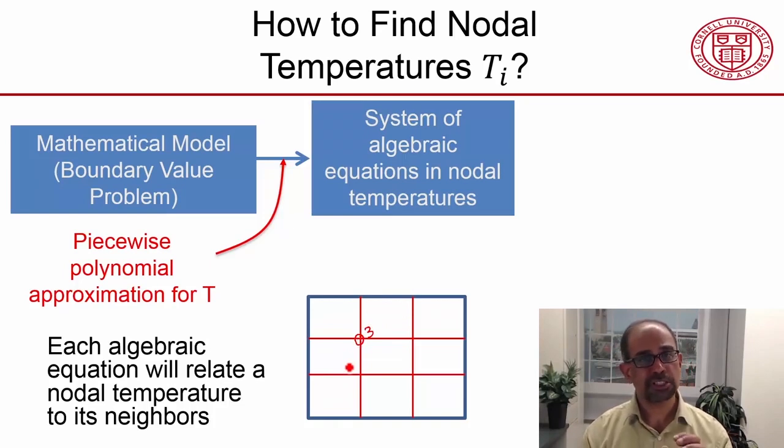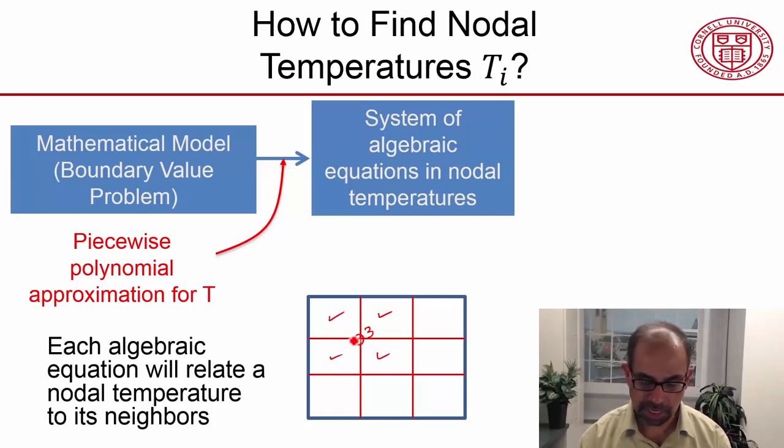And to see which temperatures will be related, we can use a principle that I discussed in the big ideas. So you look at all the elements that are attached to that particular node. So we have 4 elements attached to that node. And then you pick out all the nodes that are attached to each of those elements. So this element is attached to these 4 nodes. This element is attached to these 4 nodes.